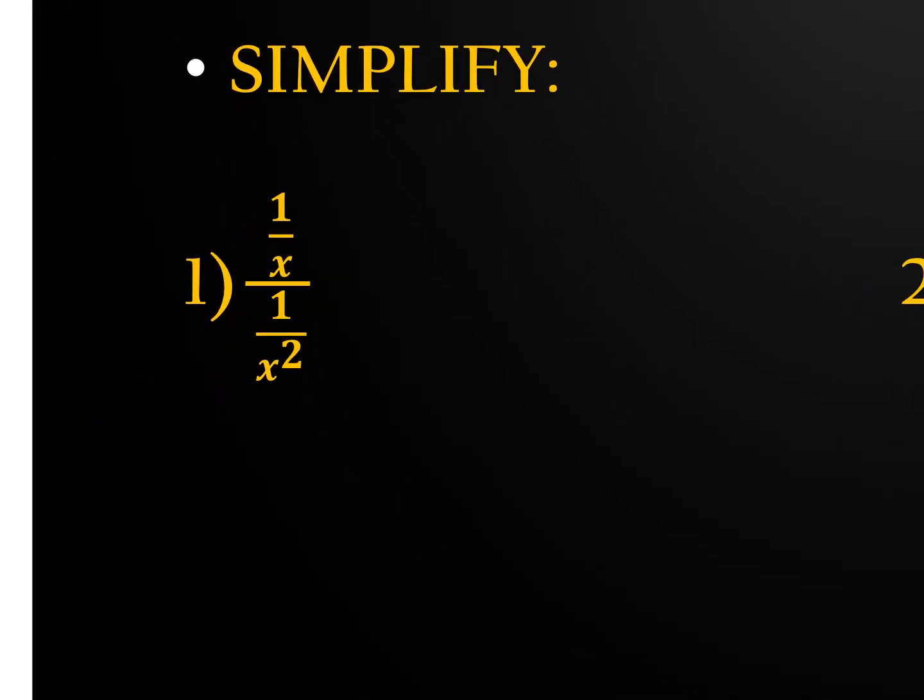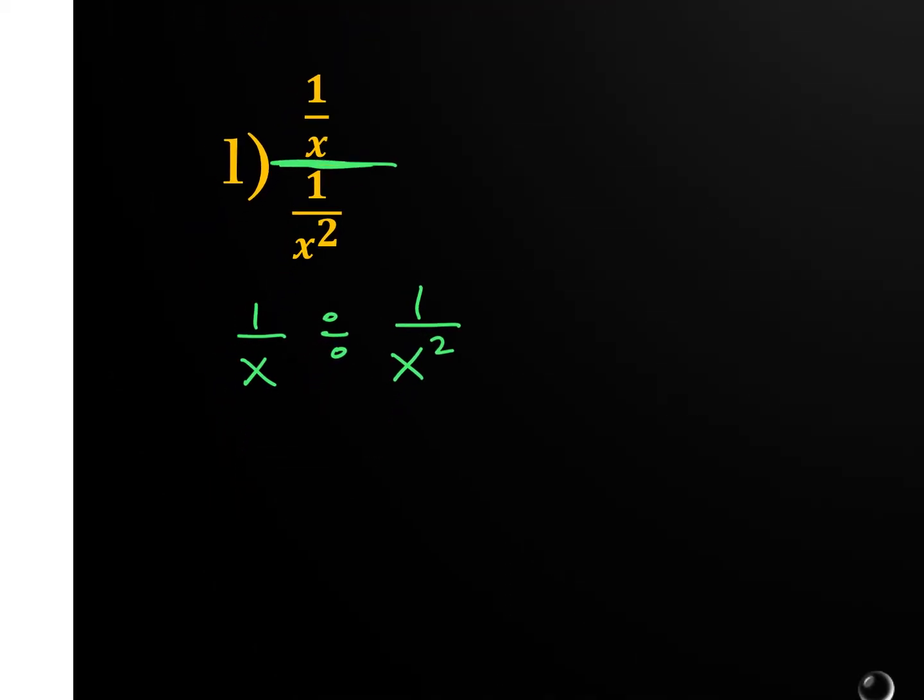So here, this fraction bar is the division sign. So really what I'm going to be doing here is 1 over x divided by 1 over x squared.